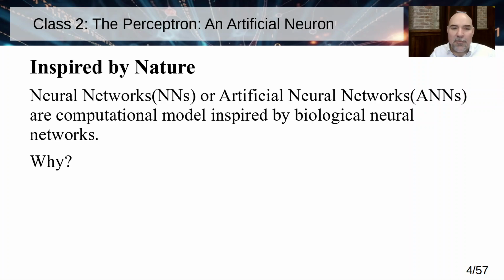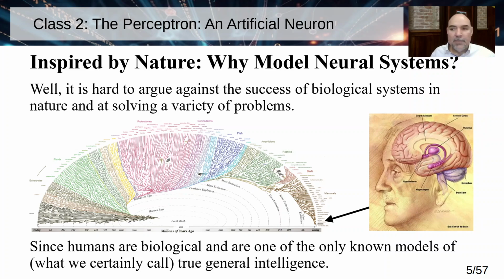And how successful has it been? Well, if you look at the tree of life that's depicted here in this image on the left, all the way back from the first, they call it LUCA, the last universal common ancestor, all the way through to humans, where I have that arrow pointing down there. And you can see all these branches.